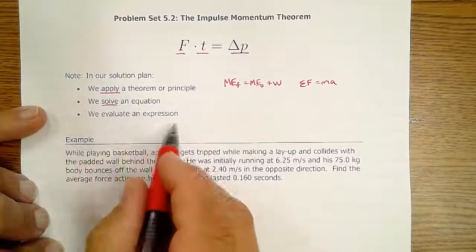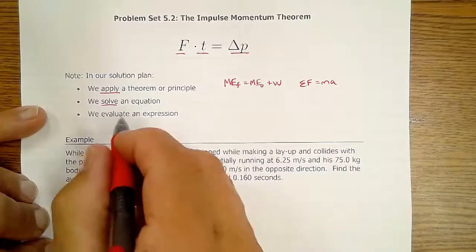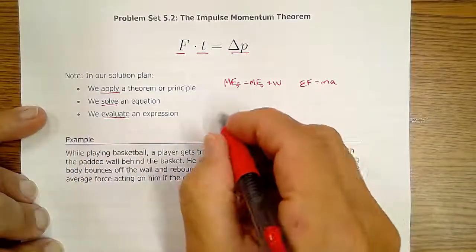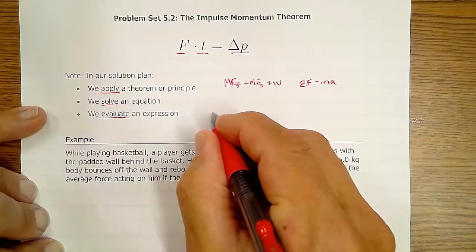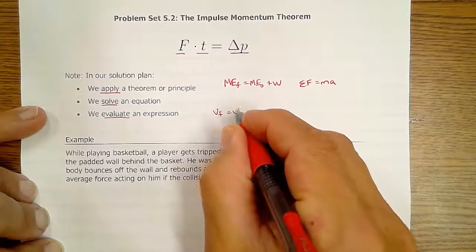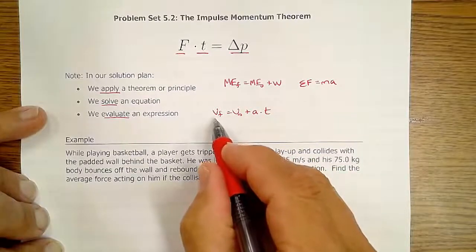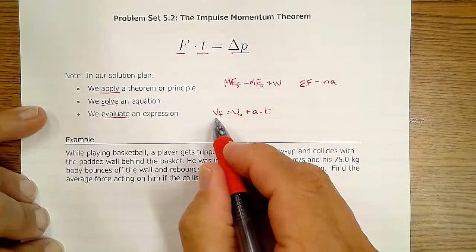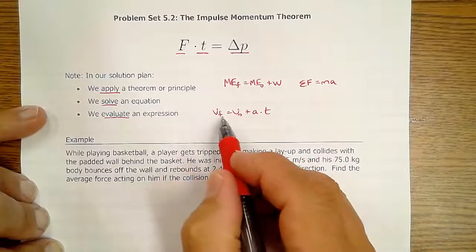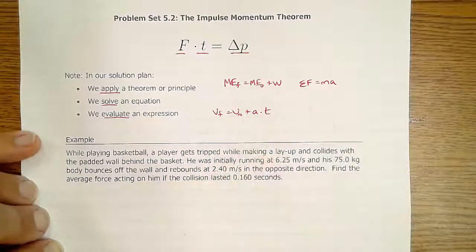And if we have an expression that we're evaluating, then we say evaluate. So this is if you're not solving. For example, if you have V final equals V initial plus A times T, and you're just trying to find V final, you're not really solving for V final. It's already solved. You're evaluating this expression to find V final. Okay? So I'll show you how that works down here.